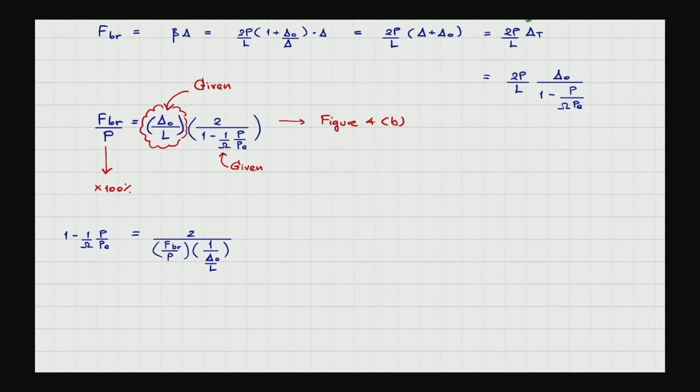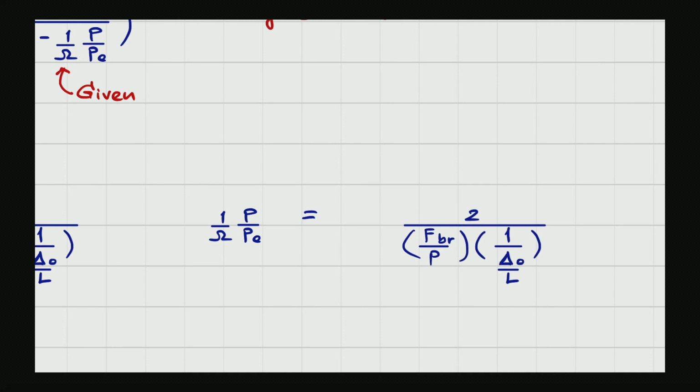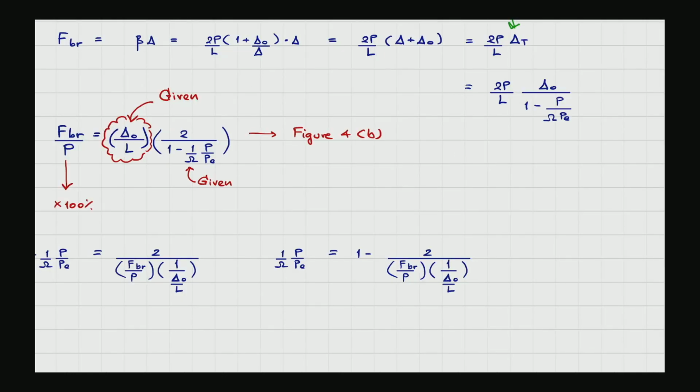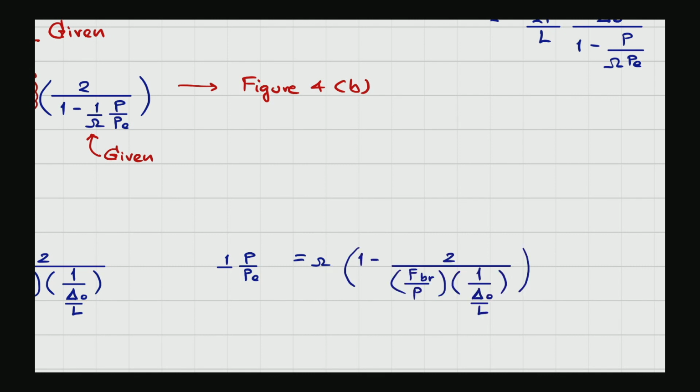I don't want to write too much. P over PE to the right, and then move this to the left. Yeah, it will work this way, right? Minus P over PE, okay. And the whole thing is going to be amplified by the omega. So you scale by the omega. That's it.